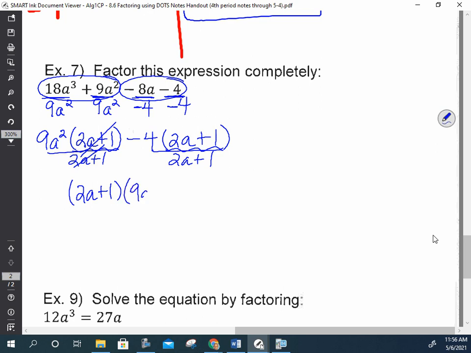That's 9a squared minus 4. So we've done the grouping part. Any questions before we continue? Those of you who are at home, you can ask a question too.